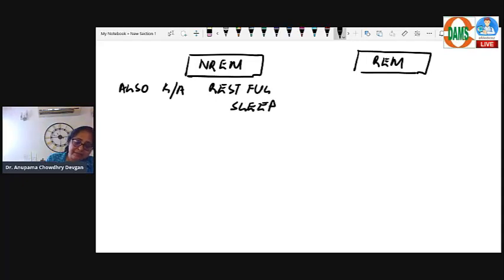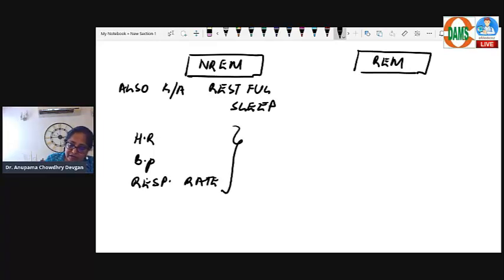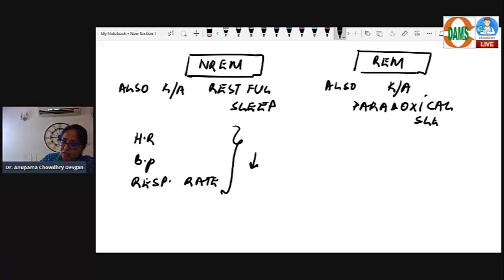Because during this time, the heart rate, the blood pressure, the respiratory rate, all of these will reduce. So NREM is a restful sleep. REM is also known as paradoxical sleep.